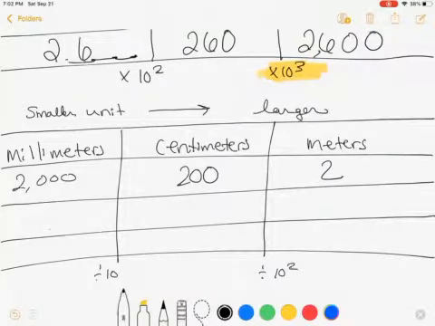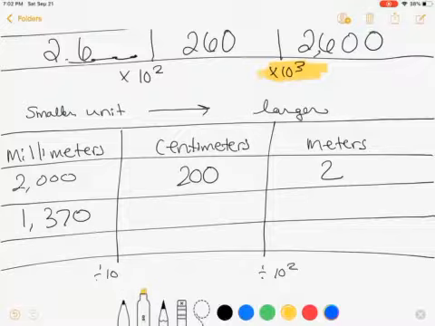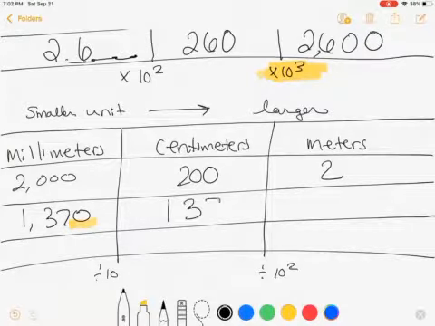Let's write 1,370 millimeters. And again, when we convert that to centimeters, we move that just 1 place over because we're dividing by 10, or 10 to the first. We get 137 centimeters.